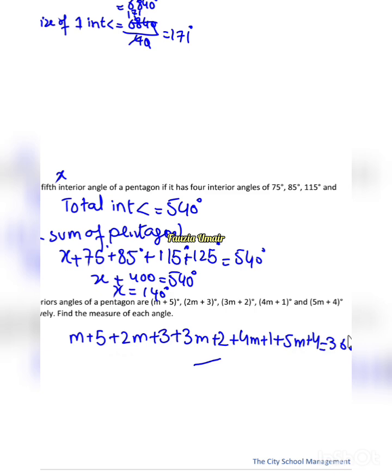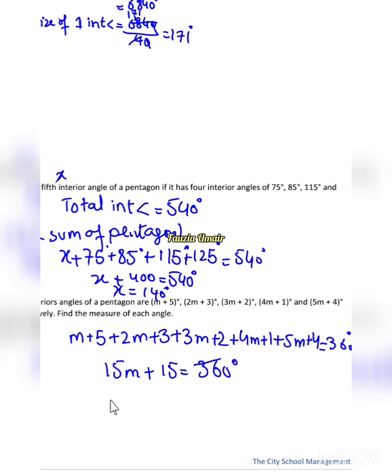Because the sum of exterior angles is always 360 degrees, we need to do that. So how many m's are there? 1, 2, 3, 4, 5, up to 15 m's. And how many numbers are there? 5 plus 3 is 8, 8 plus 2 is 10, plus 1 and 4, so 15 again, is equal to 360 degrees.